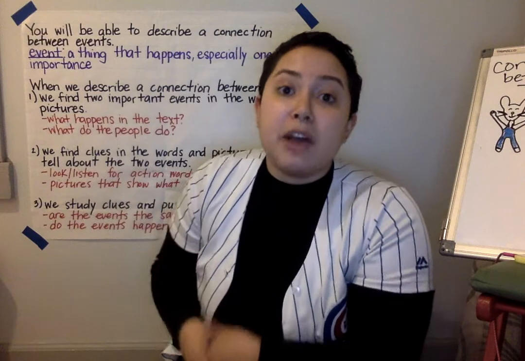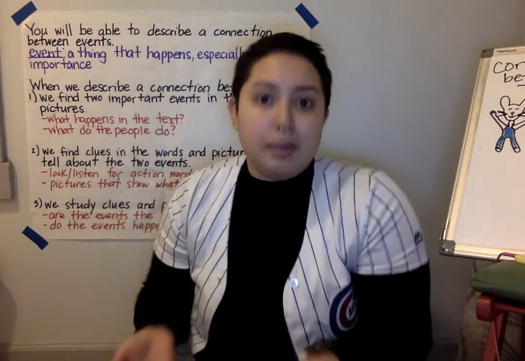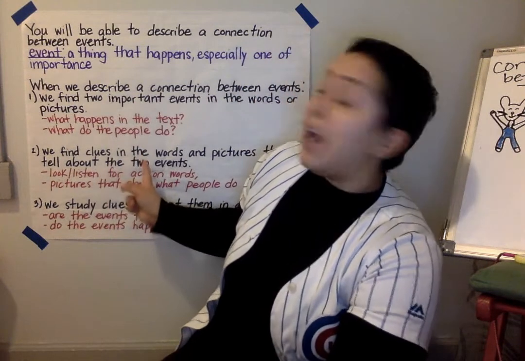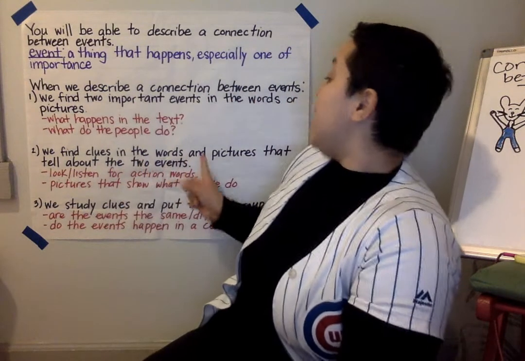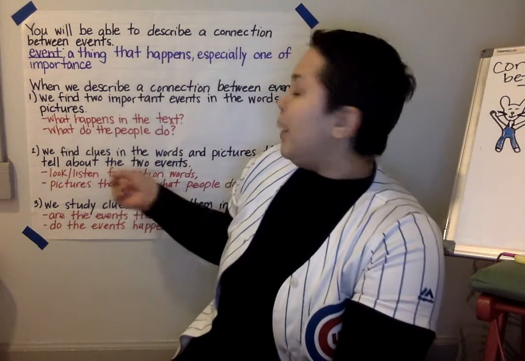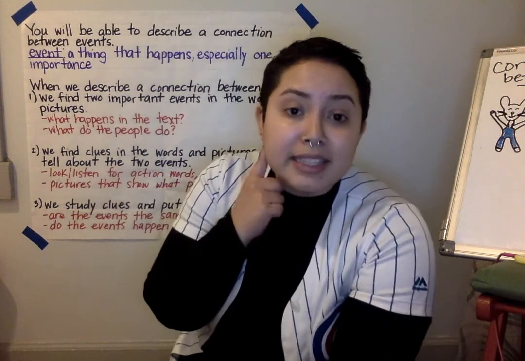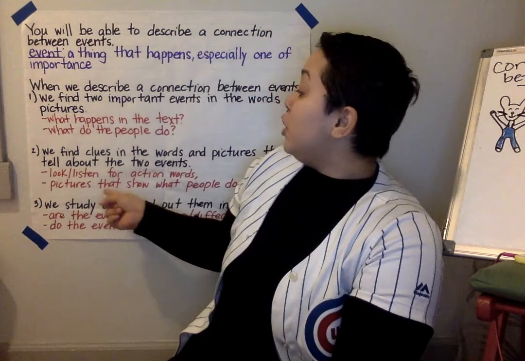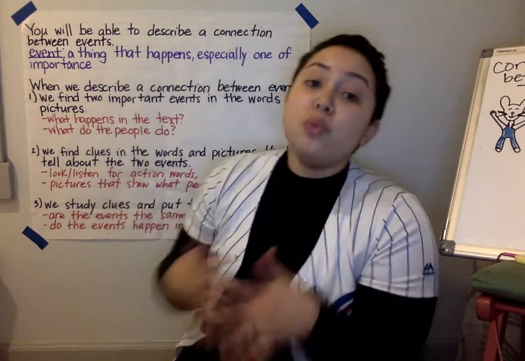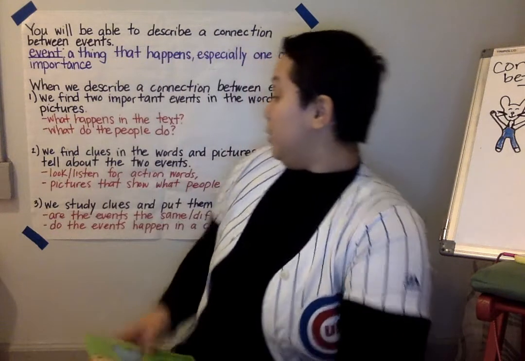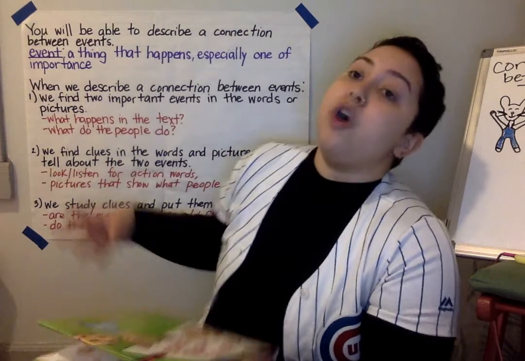And when he gives a mouse a cookie, other things keep happening because of that. The next thing we're going to do is find clues in the words and pictures that tell about the two events. We look and listen for action words, and then we look closely at the pictures that show what the people do. The last thing is we study the clues to put them all together.